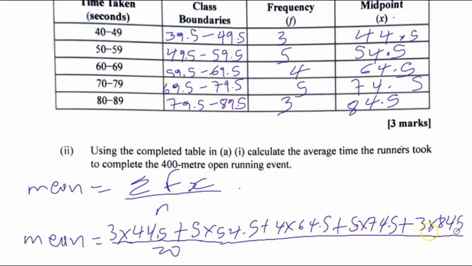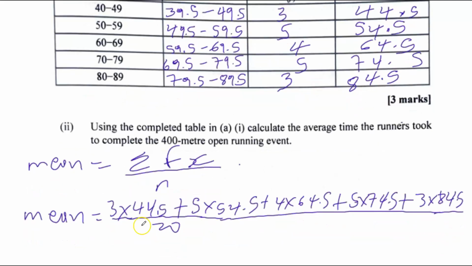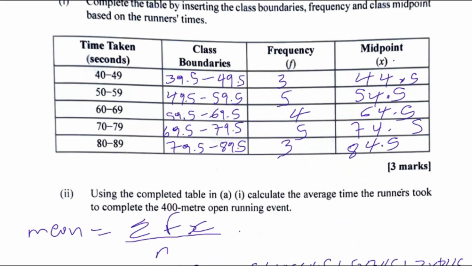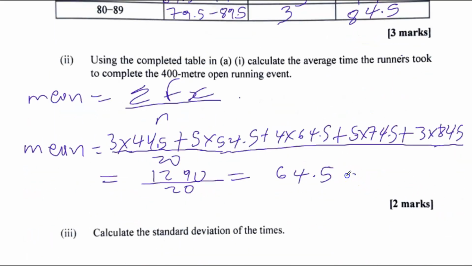Now if we enter this in our calculator, the numerator works out to be 1,290. The denominator is 20. So 1290 divided by 20, that's 64.5. And of course, we talk about time in seconds, so the unit there is seconds, right? Average time is 64.5 seconds.